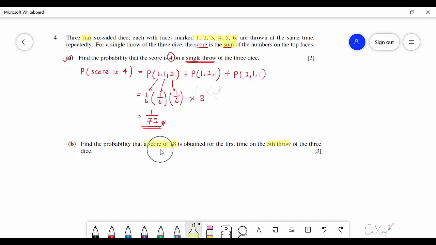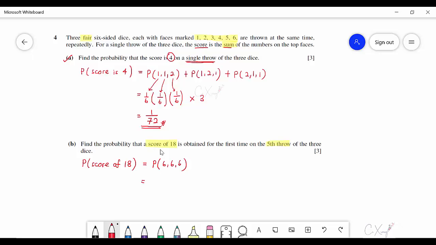So to get a single throw with a score of 18, again, you just do like what we did in part A. So what is the probability for the score of 18? What kind of result will give you the sum of 18? I think there's only one result, which is 6, 6, 6. 6 plus 6 plus 6, you get 18. No other result gives you the sum of 18.